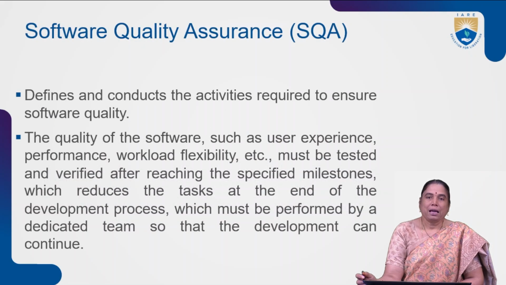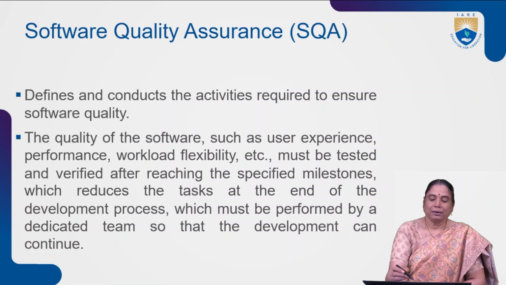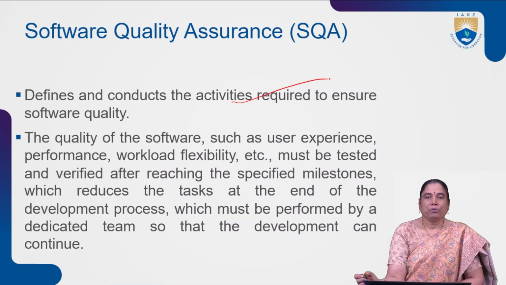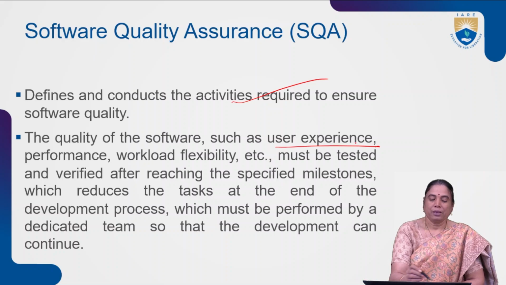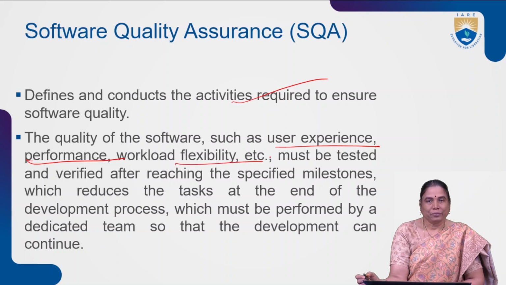One more umbrella activity is Software Quality Assurance (SQA). It defines and conducts the activities required to ensure software quality. The quality of the software, such as user experience, performance, and workload flexibility, must be tested and verified after reaching the specified milestones, which reduces the task at the end of the development process.